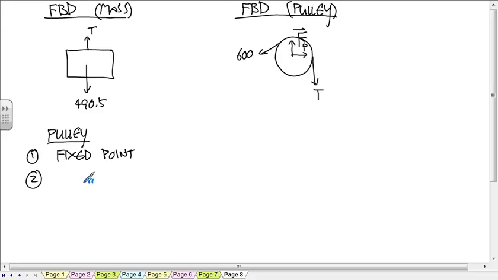The moment of inertia is equal to the mass, 3 kilograms, over 2 times r squared. So that's 0.015, I think, kilogram meter squared. And we don't have to use the parallel axis theorem because the fixed point is at the center of mass.